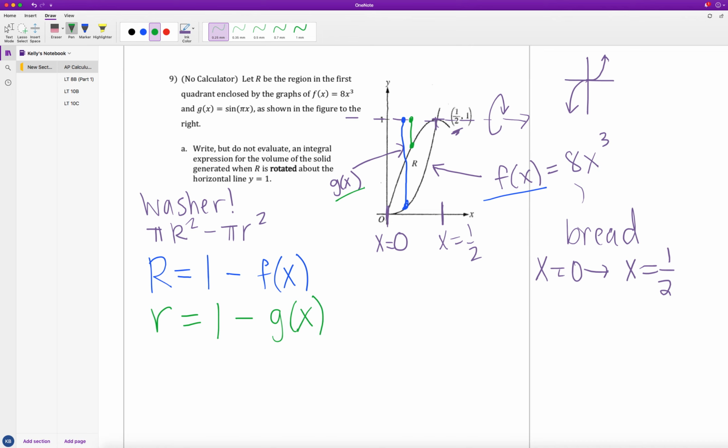Now that I have my bounds and I have my radii, let's go ahead and set up what our final equation for volume will be.